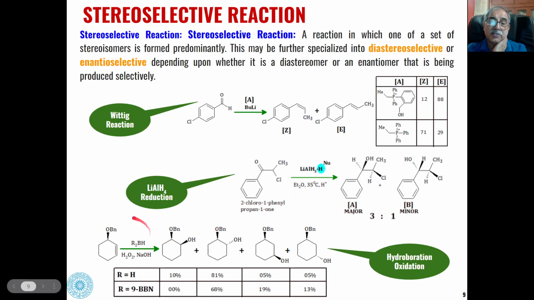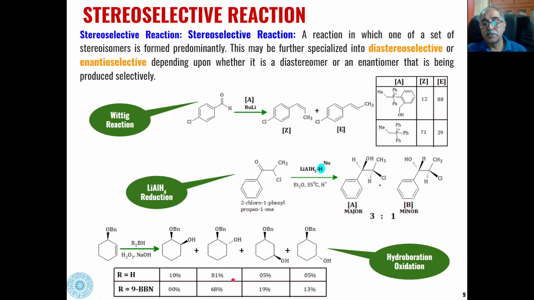Similarly, hydroboration oxidation of this alkene can lead to the formation of these four stereoisomers. If we are using this diborane where R is H or R is a bulkier group, different amounts of stereoisomers can be formed.